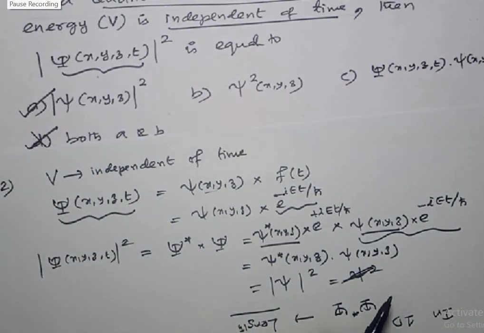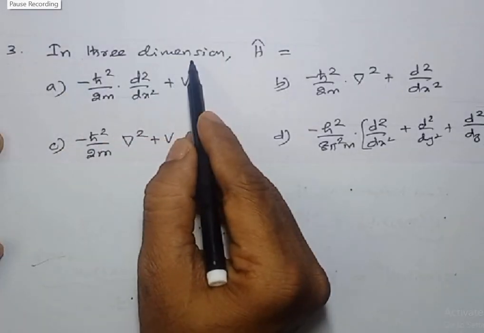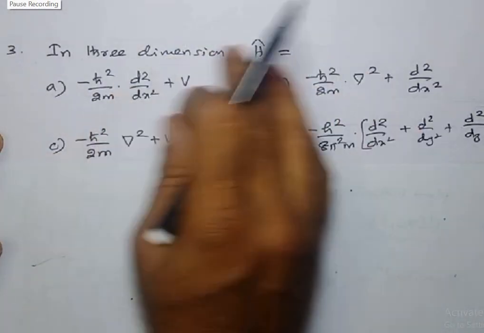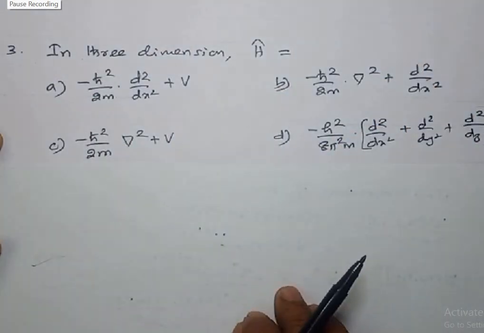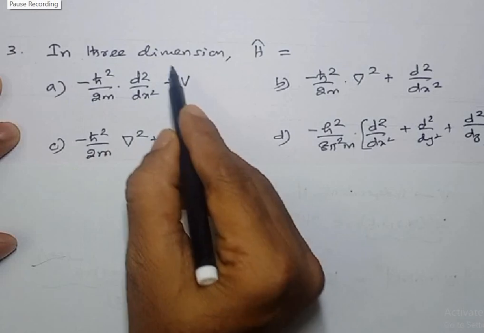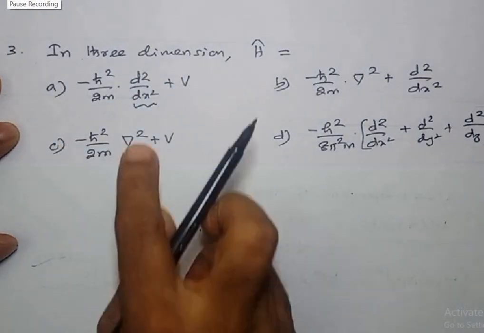So question number 3. In 3 dimensions, the Hamiltonian operator is equal to... four options are given. We need to identify which is the correct formula for the Hamiltonian operator. If you see option 1, only 1 dimension is given, along the x-axis.